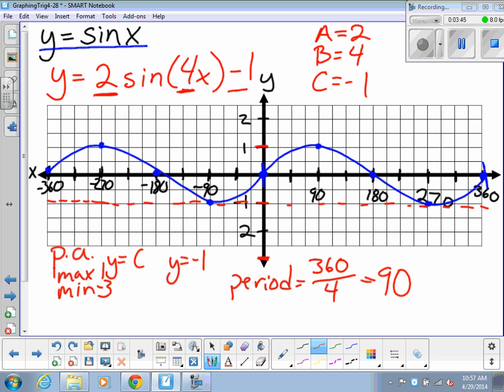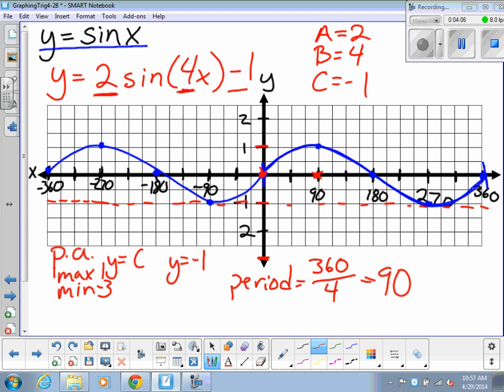So I know that for this new function, y equals 2 sine of 4x minus 1, my function is going to start at 0, 0 again, but now it's going to stop at 90 degrees. So it has to do this entire cycle that the parent function did, but in this short distance of 0 to 90 degrees.